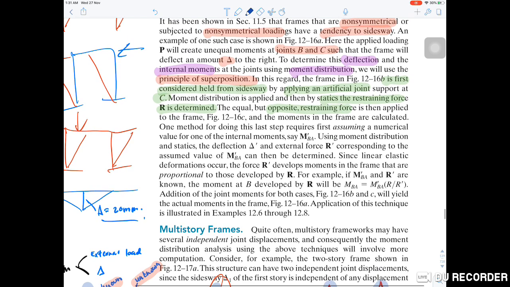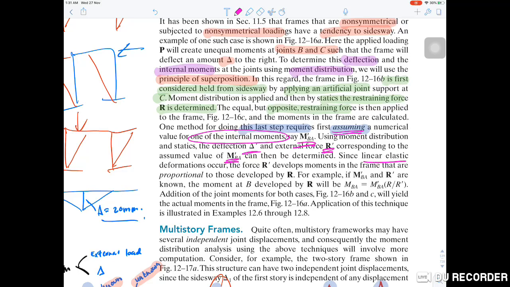Next, one method for doing this last step requires first assuming a numerical value for one of the internal moments, M prime. Using moment distribution and statics, deflection delta prime and R prime corresponding to the assumed M prime can then be determined.